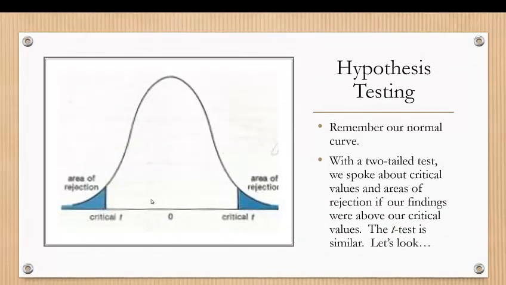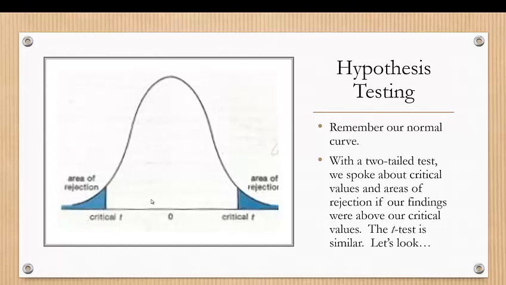So, it's a little blurry, but just to give you a simple idea, when we're talking about our normal curve, we saw this before. When we're looking at, let's say, a critical value at the 0.05 level, that was plus or minus 1.96, and so anything above 1.96 we would reject our null hypothesis.